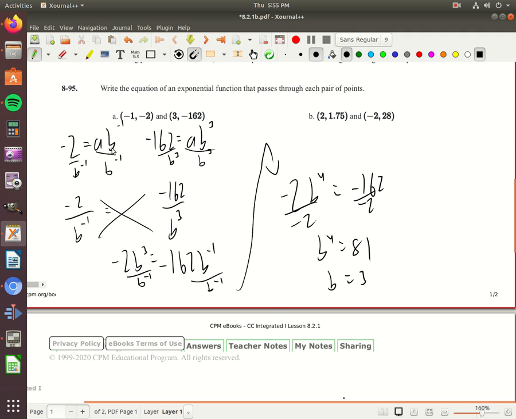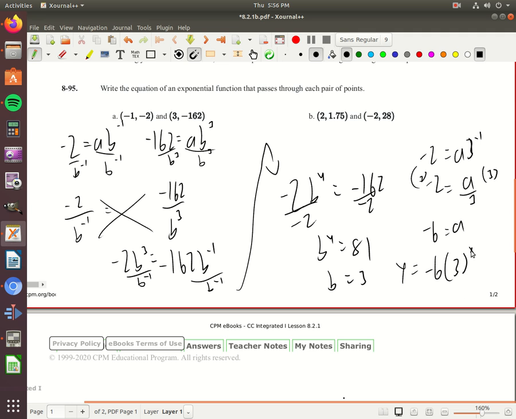I will go back over here. I will plug in a 3, so I get -2 equals a times 3 to the -1, which is -2 equals a over 3. So I'll multiply both sides by 3. And I will get -6 equals a. So my equation is -6 times 3 to the x.